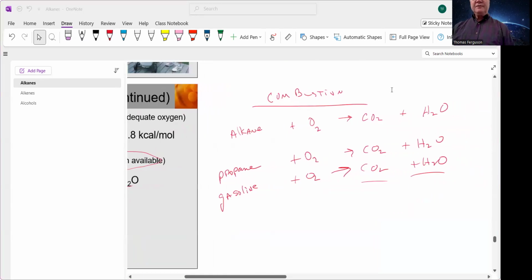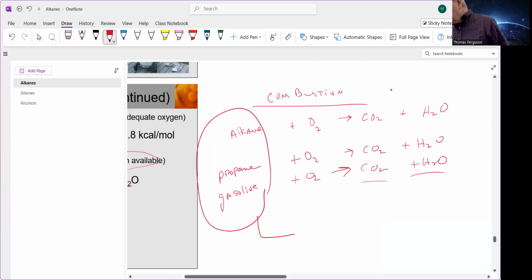Now, combustion: any of these plus oxygen yields carbon dioxide and water.